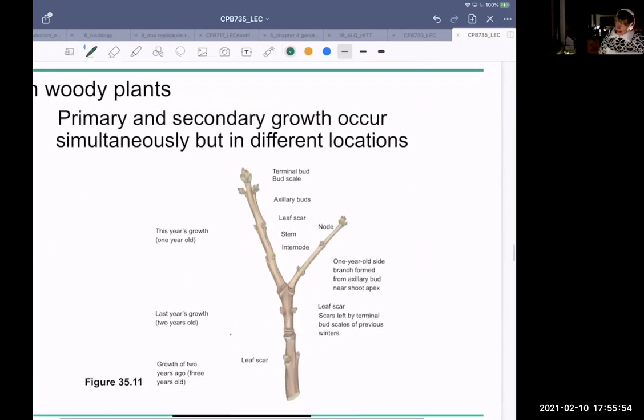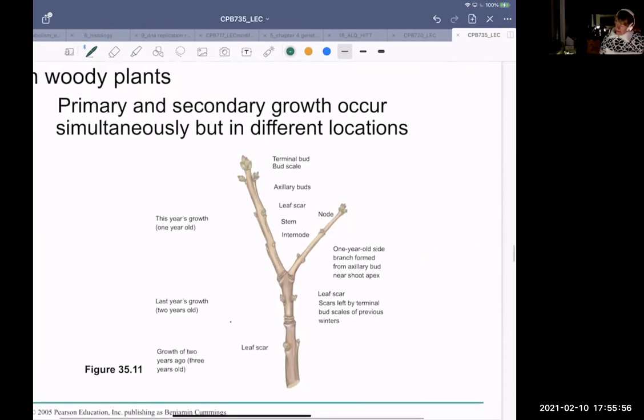So in woody plants, primary and secondary growth occur simultaneously, but in different locations. So here's your node, internode, nodes. In this particular plant, this is a deciduous plant, and the leaves have fallen off, and it leaves a leaf scar.